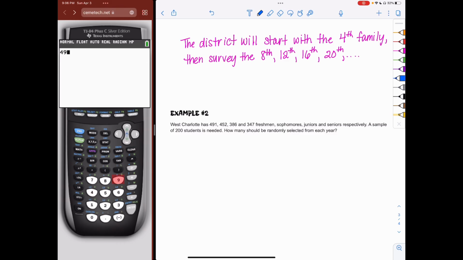So 491 plus 452 plus 386 plus 347 is a total of 1,676 students.